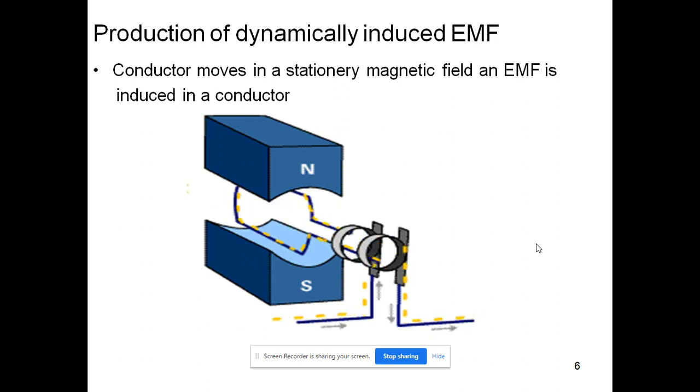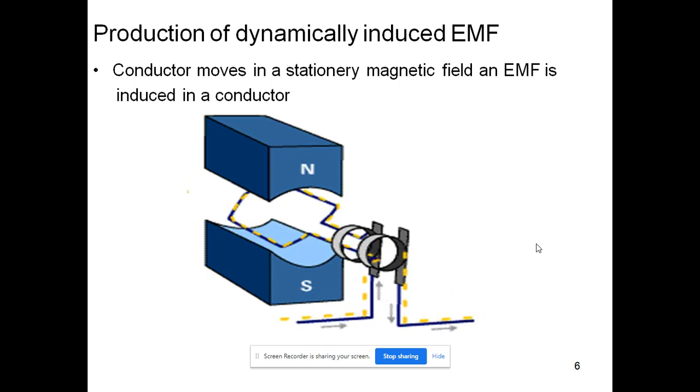Here we can clearly see the rectangular conductor which is rotating in the middle of the magnets. When the conductor rotates in the middle of the magnets, it cuts the magnetic field and an EMF will be induced.